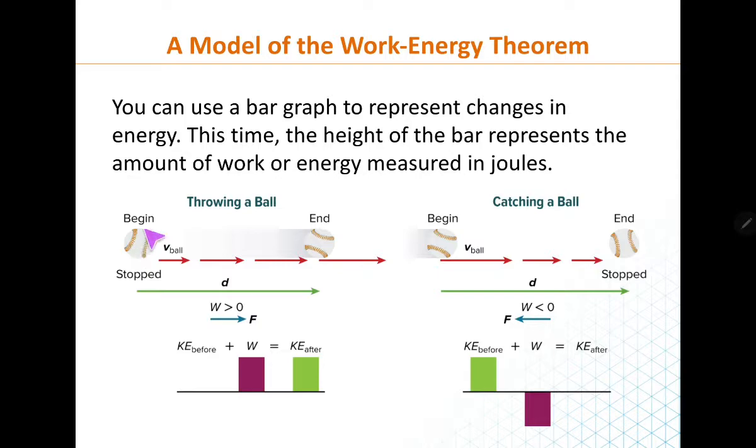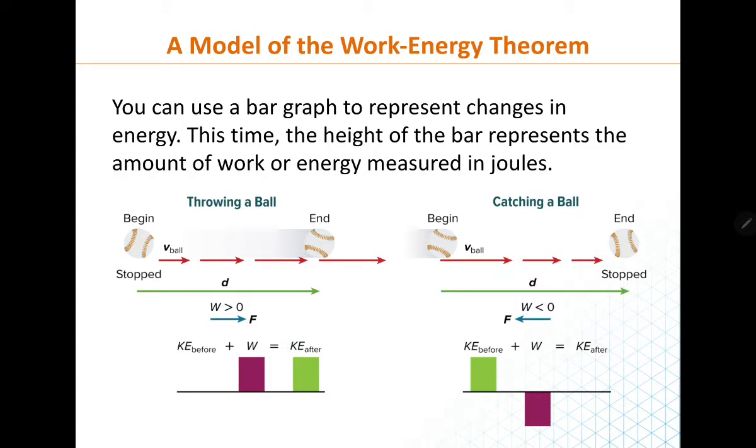So in the beginning, the kinetic energy of the ball was 0, and because of the movement there will be work. So the kinetic energy before the movement plus the work gives the final kinetic energy.